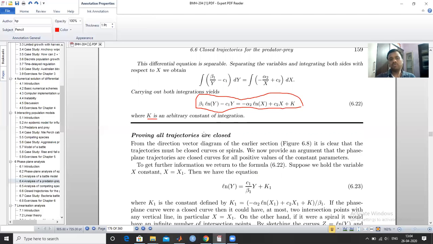But we can do the analysis. How will you show these trajectories are closed? What is the meaning of closed? There are two conditions. If they are oscillating, either it will be represented like this, or it may be of spiral type.